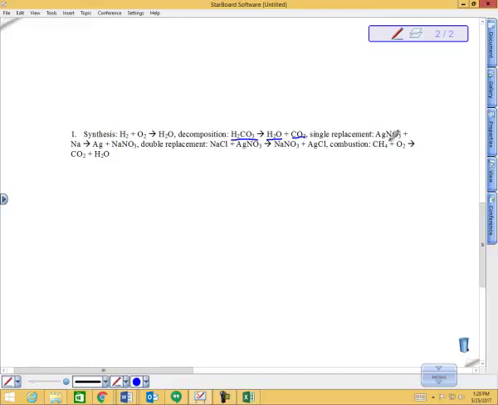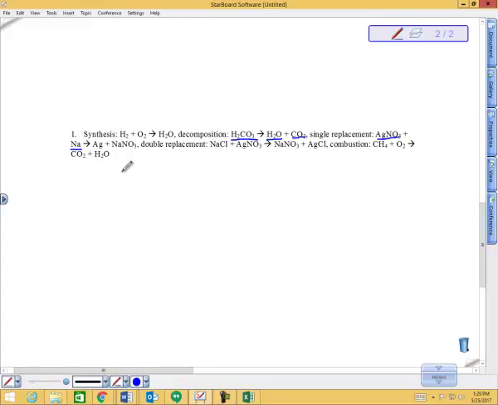A single replacement reaction relies on your metal reactivity series. So I'm giving you guys a really good example. You've got silver nitrate, and that's a solution, and we're going to dump in some pure sodium metal. On the metal reactivity series, is sodium more or less reactive than silver?